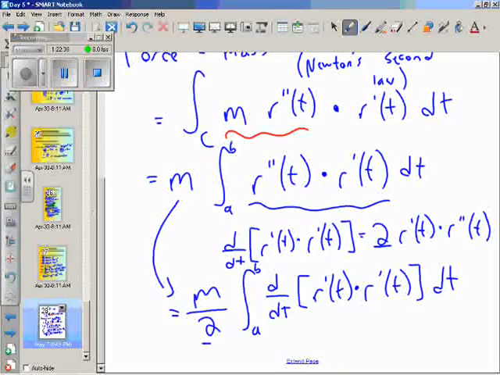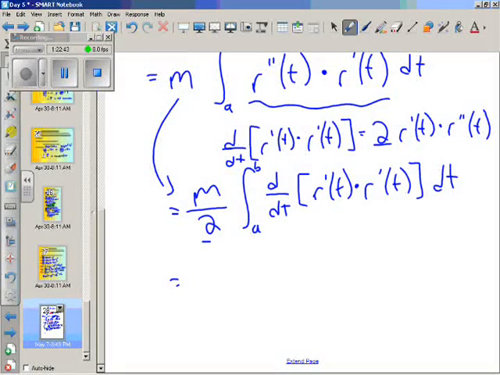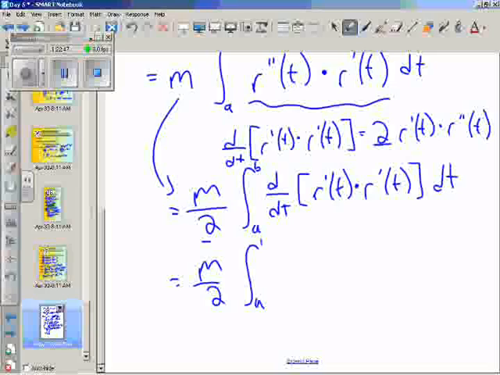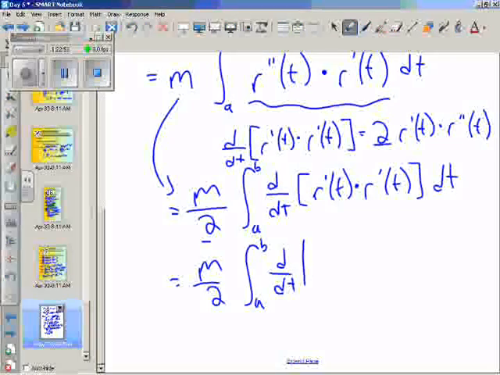Okay? Now we have m over 2 times the integral from a to b of d/dt of the dot product. And whenever we have the dot product of something with itself, that's just the magnitude squared.